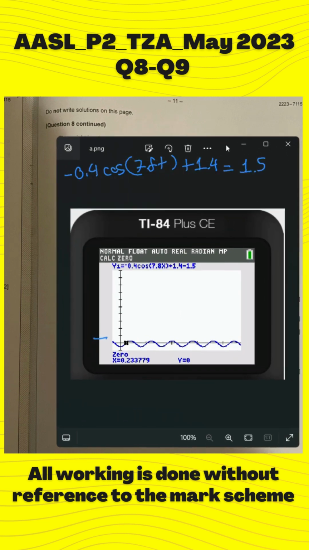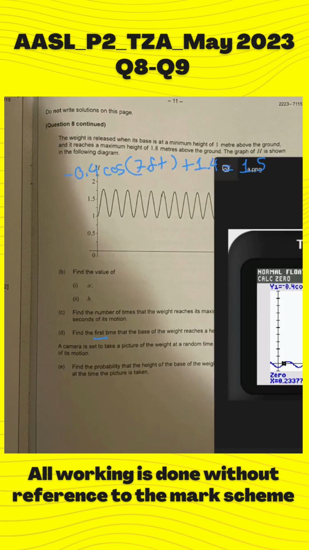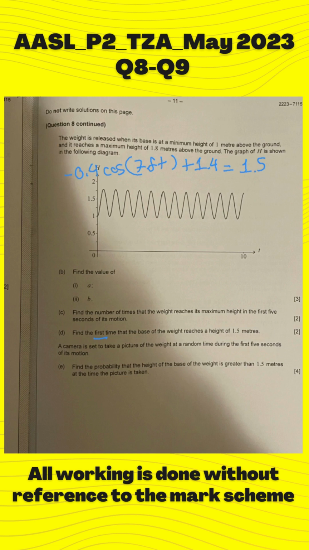It will look like this one. Remember, we move everything to the left side. So the first time will be 0.233.